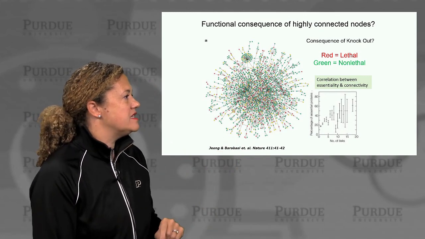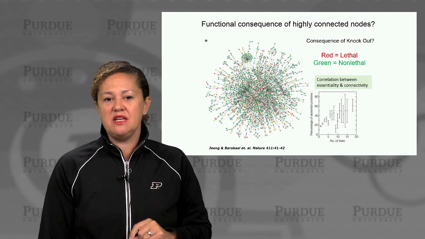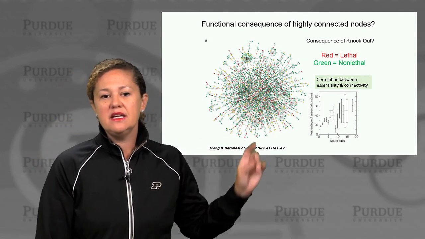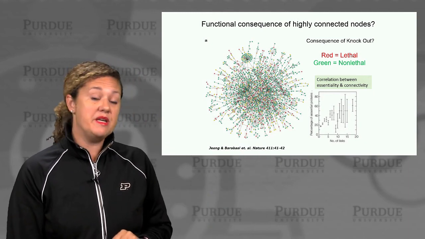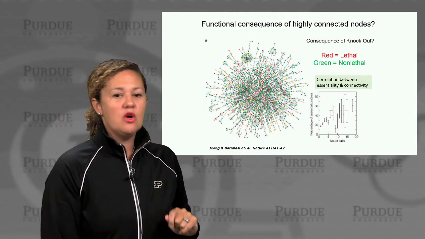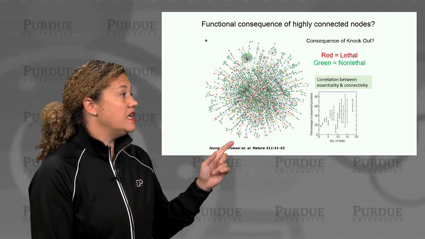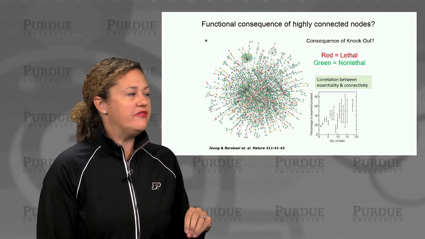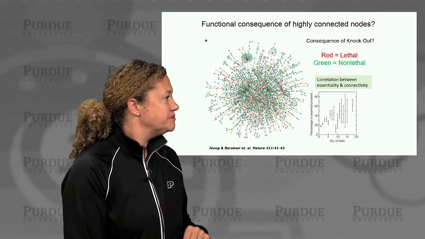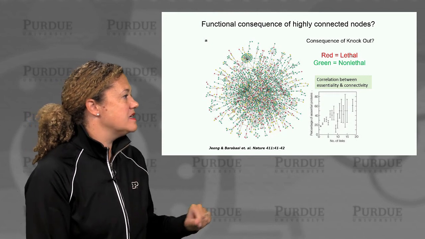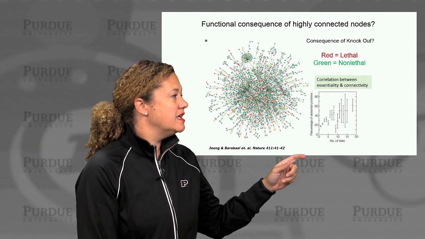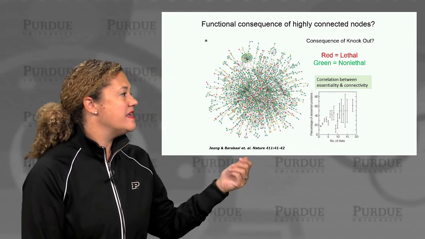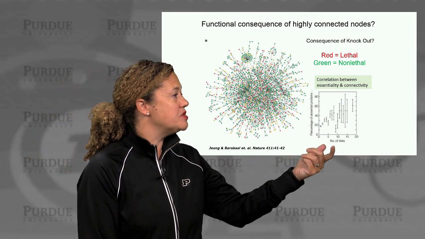And it turns out in this study, they went into each of these genes, proteins in the yeast, and knocked out or deleted that protein from the network, and then asked the question, was that deletion or knockout lethal or have some effect on cell survival and growth, or was it non-lethal? And what they found was a correlation between the number of links, the number of edges, connections that a particular protein made.